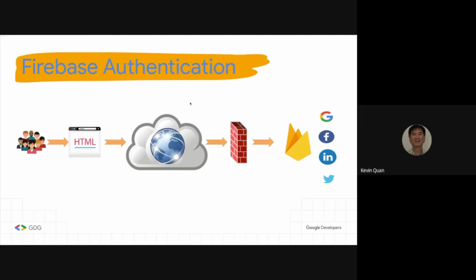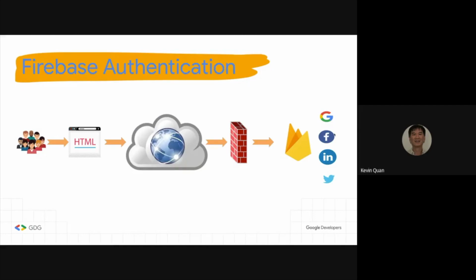Firebase authentication is very similar. We access the application also through the browser. The only difference is that Firebase authentication provides a number of different external providers, like Google login. You can actually use your Google Gmail account to log on to your application.